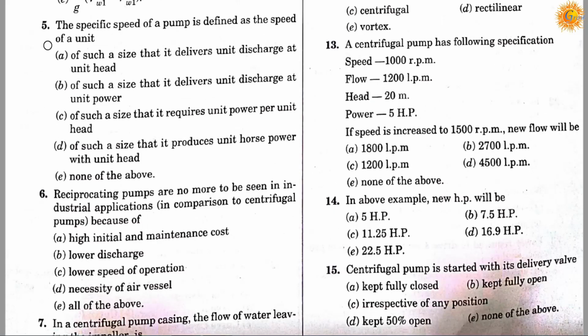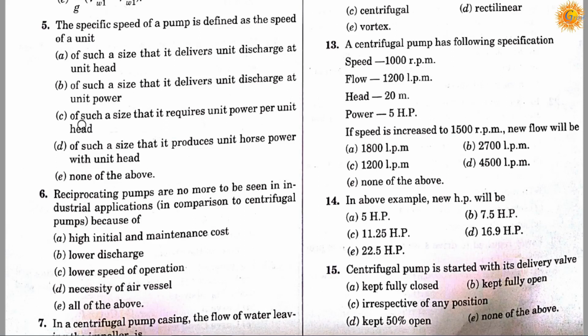Question number 5. The specific speed of a pump is defined as the speed of a unit. Option A, of such a size that it delivers unit discharge at unit head. Option B, of such a size that it delivers unit discharge at unit power.